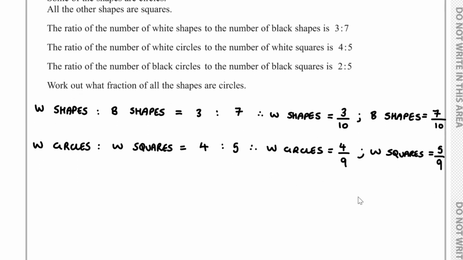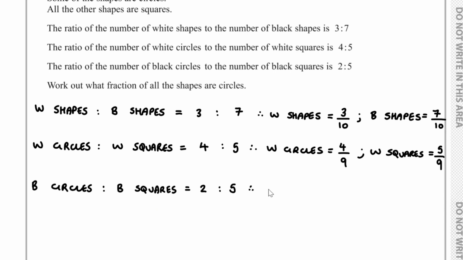We also know that the ratio of black circles to black squares is equal to 2 to 5.